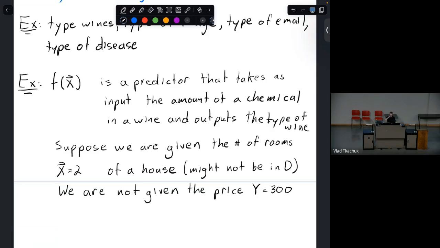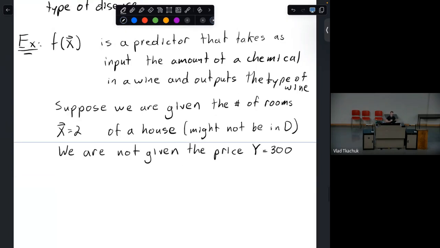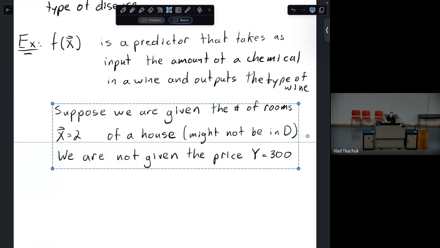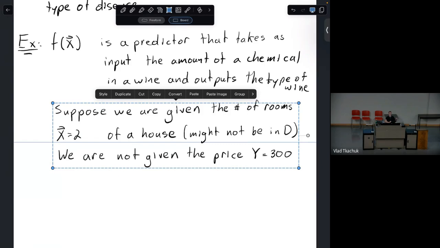So the output here would be something like, we talked about Barolo or not Barolo. We're actually going to do a more detailed version, where let's imagine there are 4 or 5 types of wine. So you'd output wine type A, type 2, or type 3, or something like that.